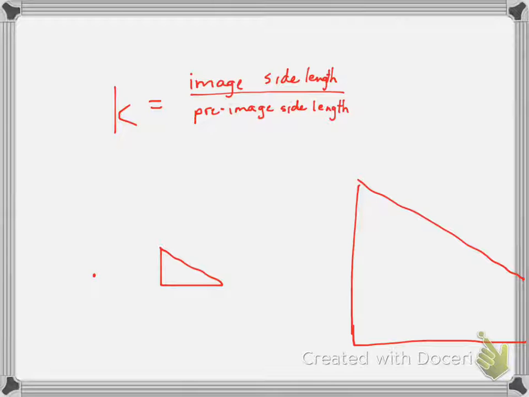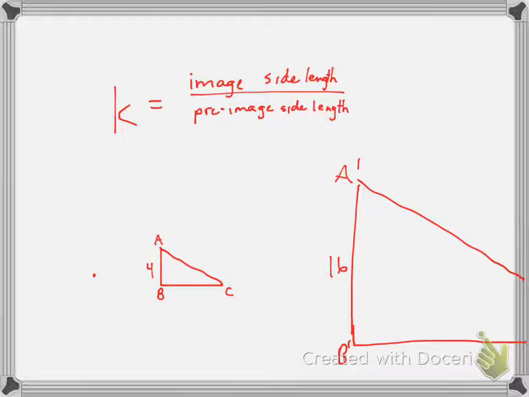Let's say in this triangle right here, this is A, B, C, and this is A prime, B prime, and then C prime went off the screen. So AB is 4, and A prime, B prime is 16.